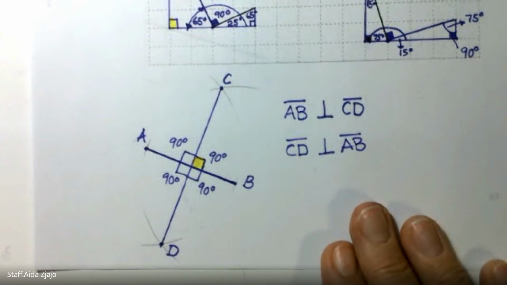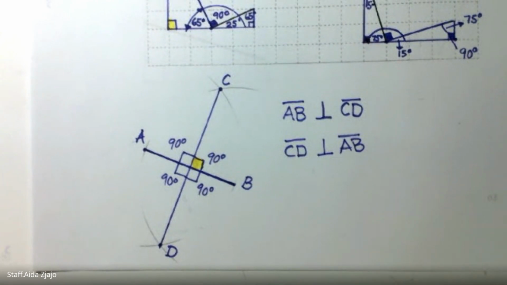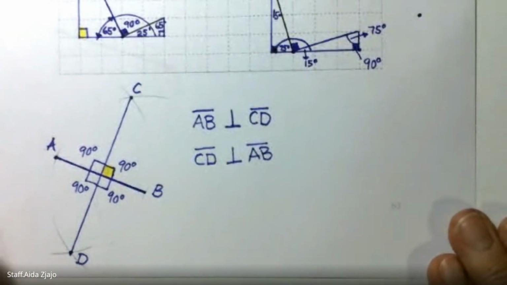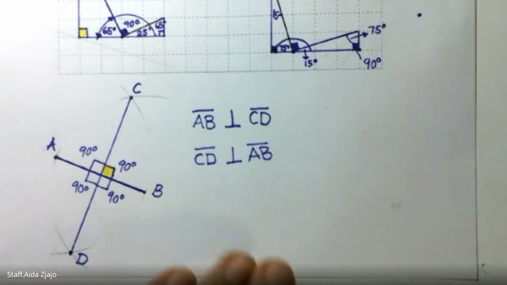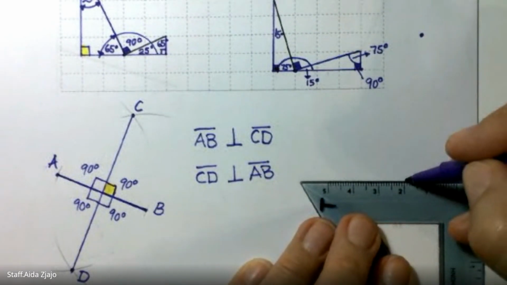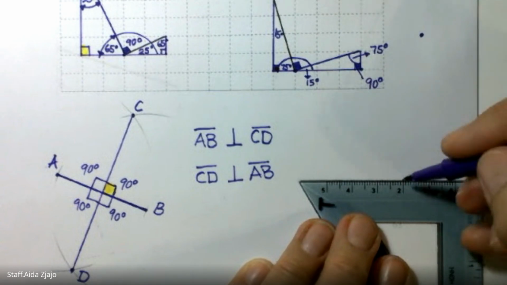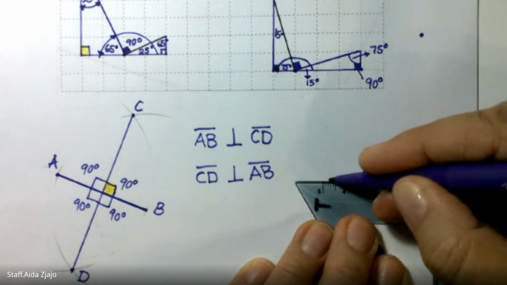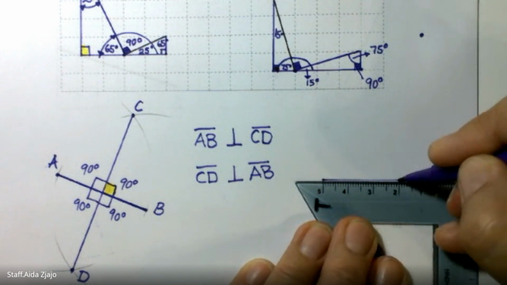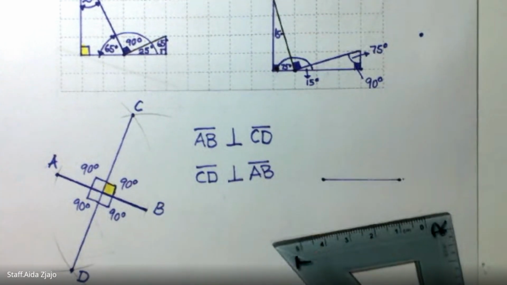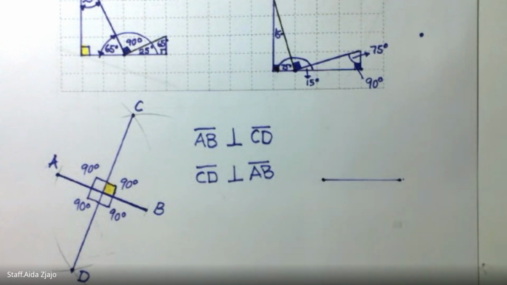But the idea is, let's do it one more time very quickly to show you. Let's say I have this line segment that goes from here to here. I need to find a perpendicular line to it.